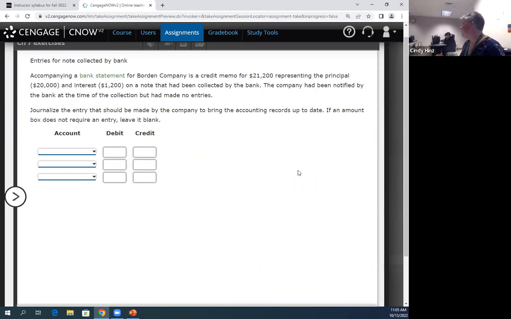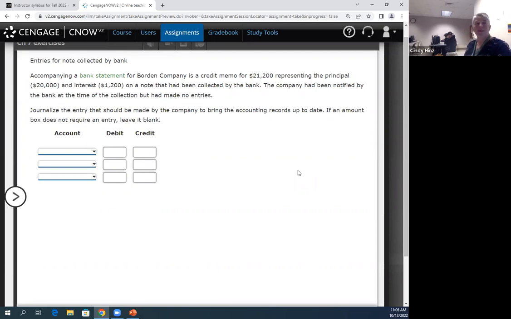And again, we'll talk about this a little bit more next week, but notes receivable mean that you are owed the principal, the amount that's being borrowed or that credit is being extended, and also interest would accrue on that note. And so when it gets repaid, the borrower or the maker of the note is going to pay us the full amount of the principal plus the interest.